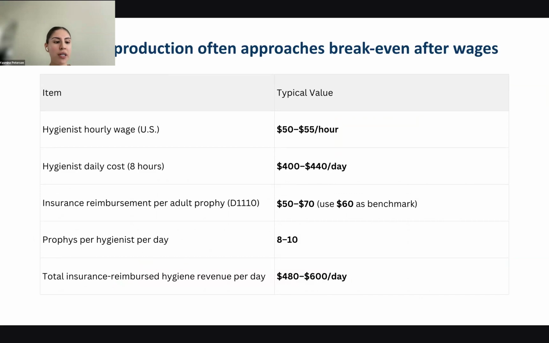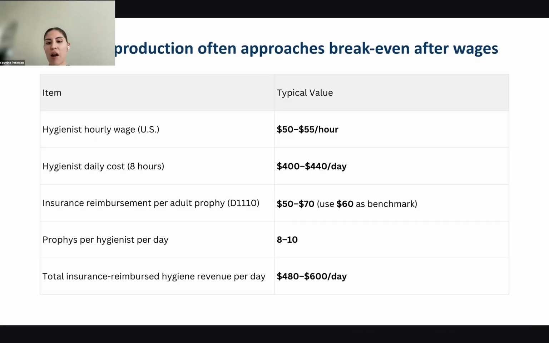All right, so everyone wants to know, how much money does this make? What we already know is that hygiene production often approaches break even after wages. These are just averages that I got from Google. The average hygienist hourly wage in the US is somewhere from $50 to $55 per hour.